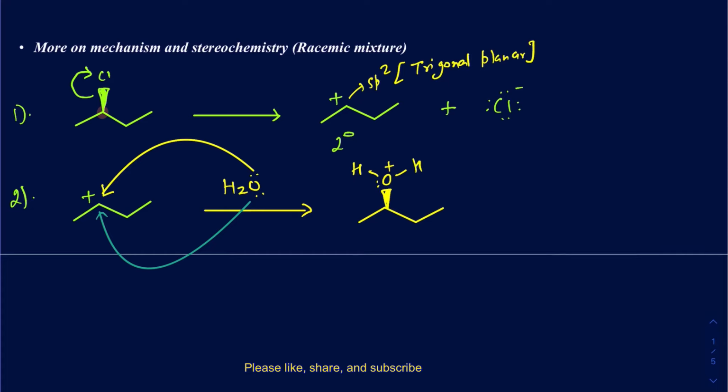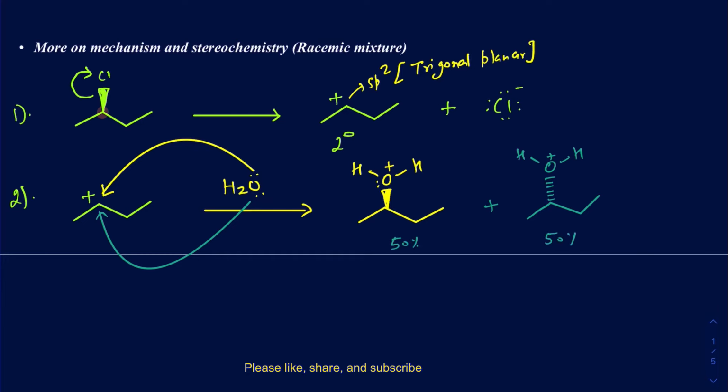But when it does a bottom attack, how's that going to look? Well, everything else is going to be the same except your new bond is going to be going back into the page, something like this. So you have a 50-50 shot of the nucleophile attacking this carbocation either from the top or from the bottom, and as a result, you're going to be getting a racemic mixture.